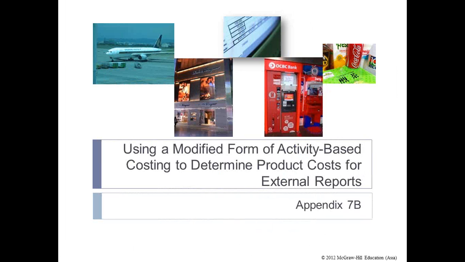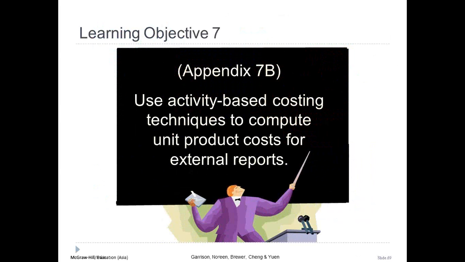Now, using a modified form of ABC costing to determine product costs for external reports. So, learning objective number 7, let's use ABC techniques to compute unit product costs for external reports.